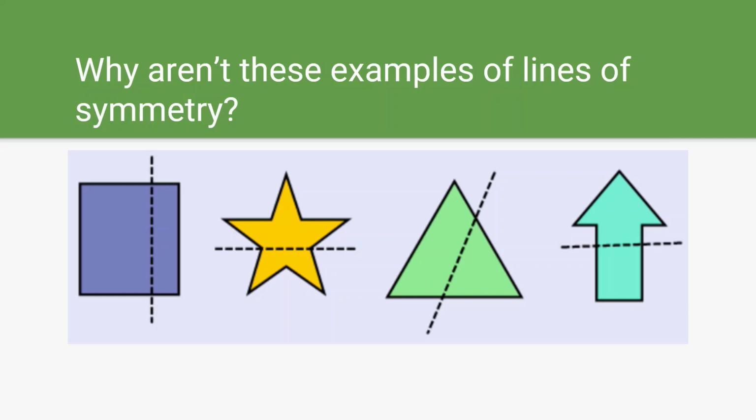That's right. When you fold the shape in half on the dotted line, one side is not the same shape and size as the other side.